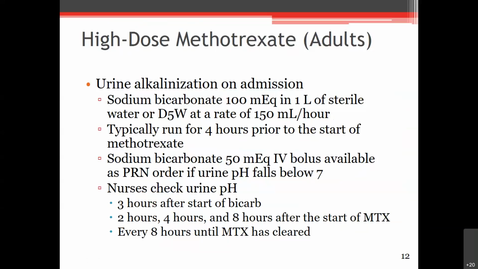And then these plans are also going to include sodium bicarb boluses, which will be available to nurses should they need it if the urine pH falls below 7. And then within the plan, you'll also see that there are frequent urine pH checks that the nursing staff will do a few hours after starting bicarb and then throughout the patient's inpatient stay until they've cleared their methotrexate.